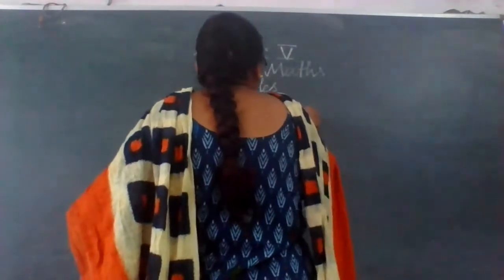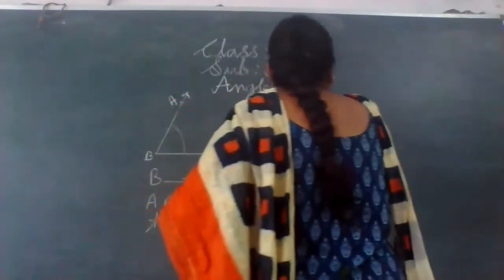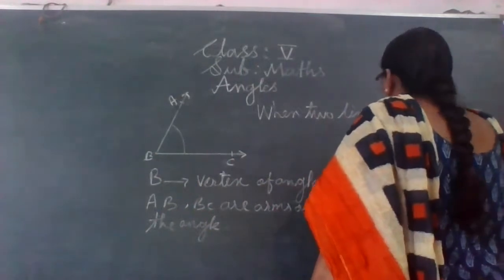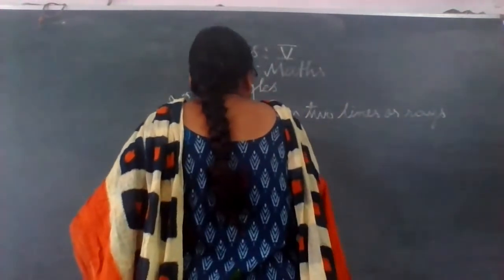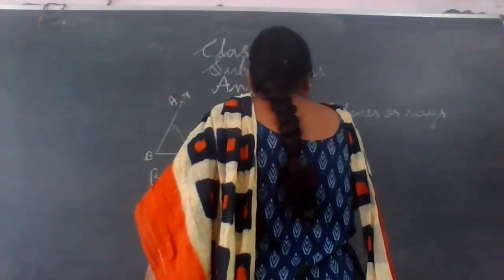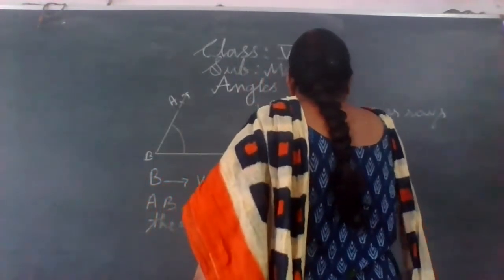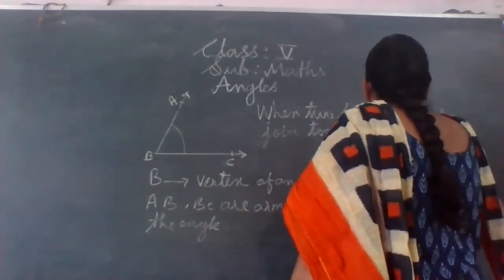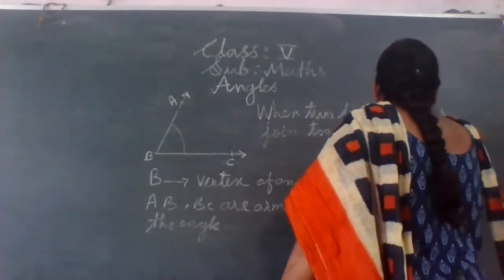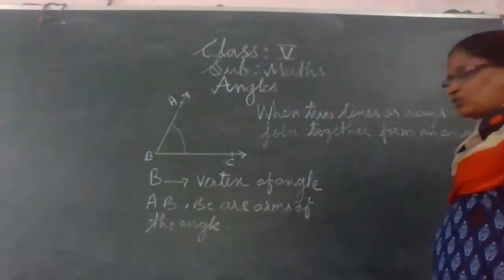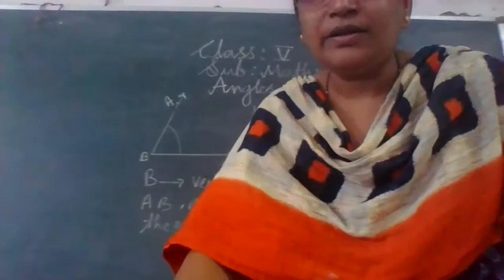When two lines or rays join together, they form an angle.